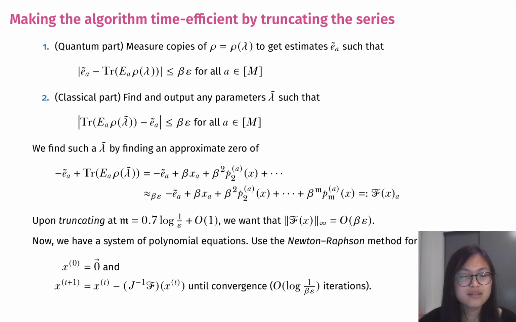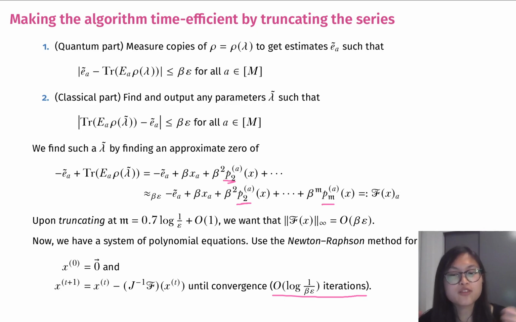The main factor in the complexity here is actually just computing all of these polynomials, because they have an exponential number of terms in M. But an exponential number of terms in M is just going to be 1 over epsilon to the 0.7. And it will turn out that the quantum piece will dominate because it's 1 over epsilon squared. And so because the quantum part dominates, that part is just linear time in the sample size. And so this gives you an optimal time complexity algorithm.